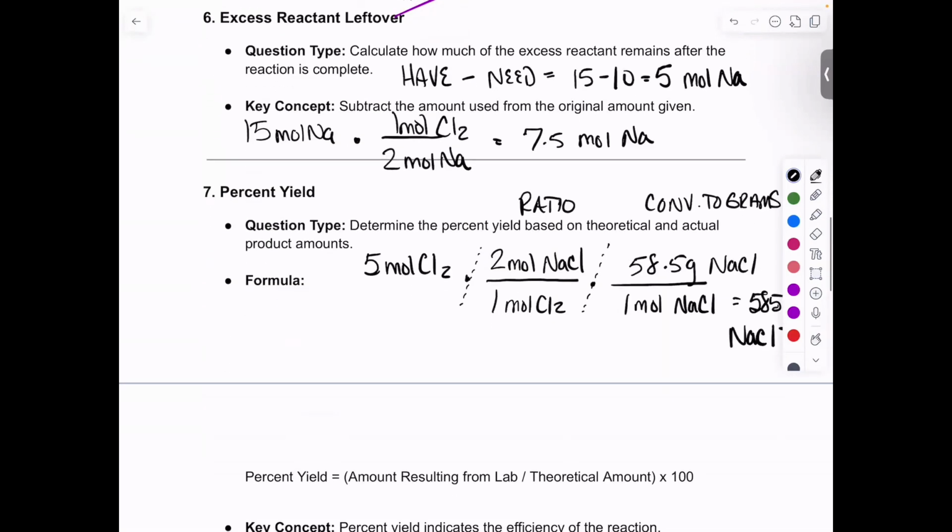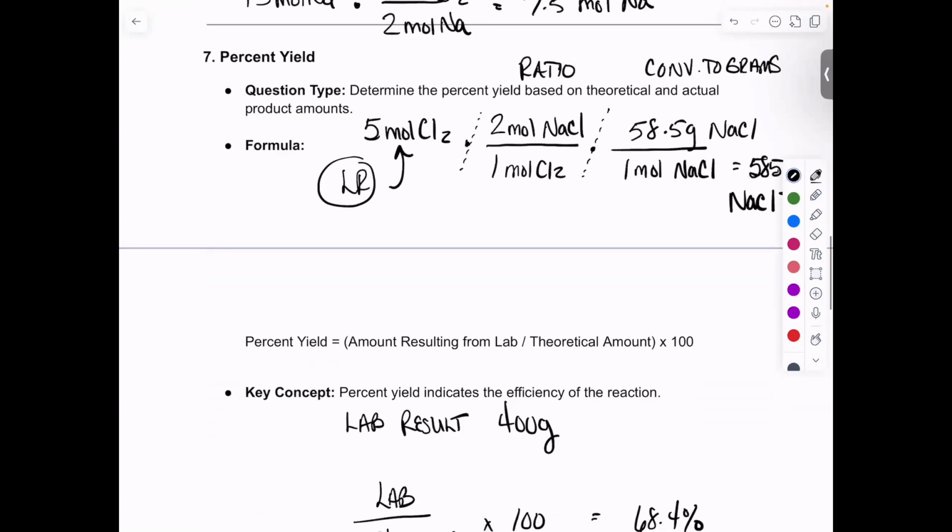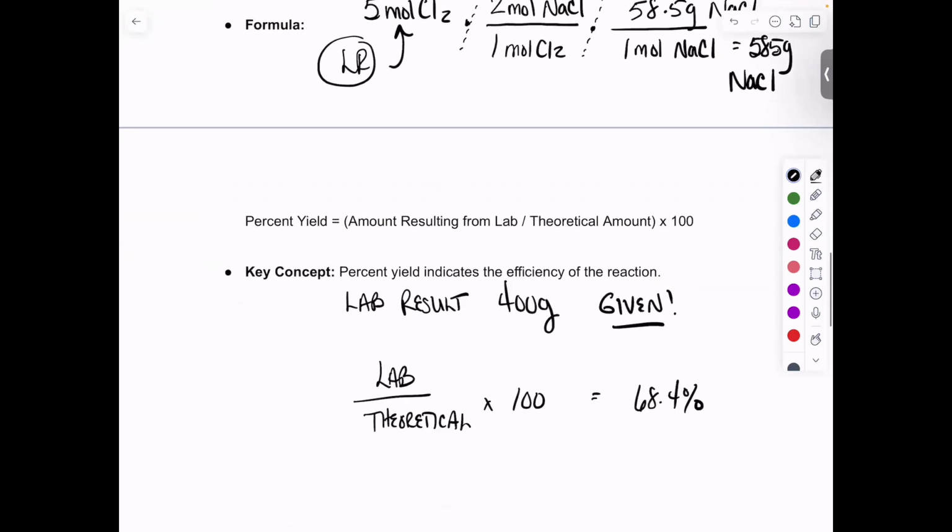And then doing your percent yield, just determining how much you should ultimately get in your product using your limiting reactant, that's your LR right there, and determining that amount, taking your lab results. This is a given, especially in a problem. They'll just say, hey, we have this X amount from the lab. Tell me what my percent yield is. And we'll say 68.4 is your percent yield. On this particular question, just take lab, divide it by theoretical, times 100.